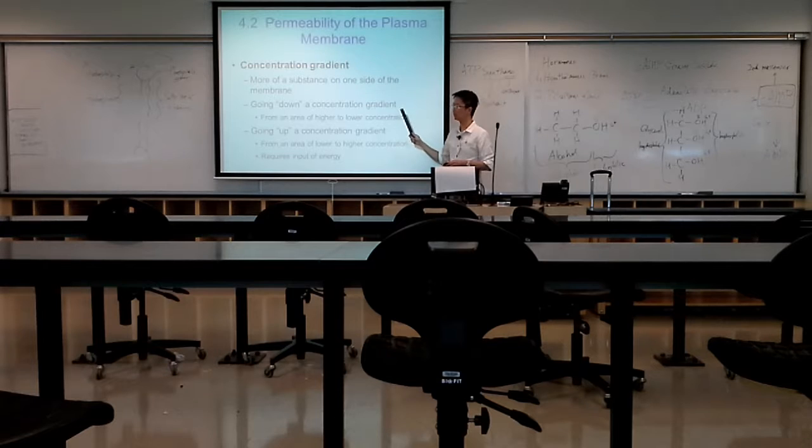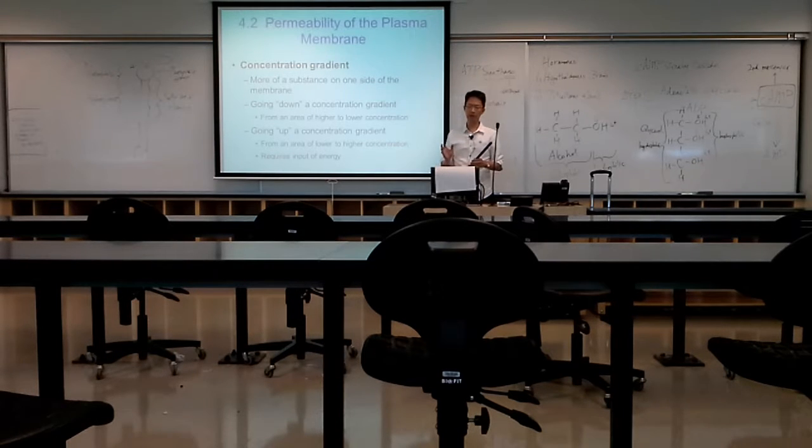We call this going down. And going down a concentration gradient does not require any energy because it is like a natural physical property. And then we have something called going up a concentration gradient, meaning from an area of lower concentration to a higher concentration.